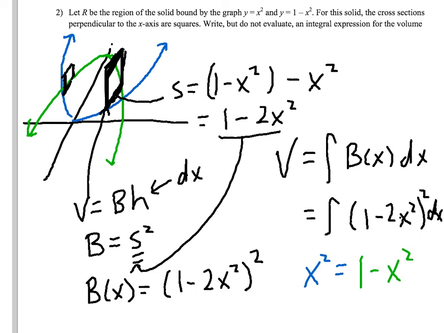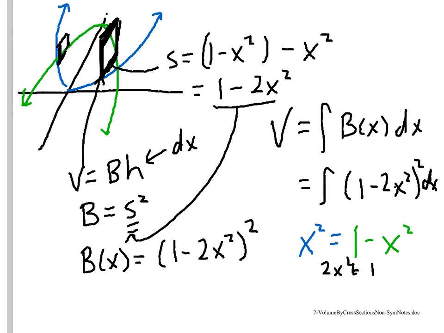Let me clean that up a little bit. When you set those two equal to each other, you just solve for x, and we'll run out of space here, so we'll do it real quickly. We add x squared over, and we get 2x squared equals 1.